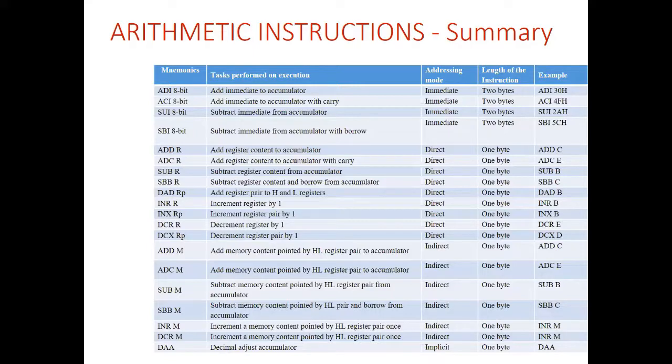Assume the DE register pair holds a data byte 5601. After decrementing it, it will be 5600. Clear? So 16-bit data can be incremented or decremented using INX and DCX respectively.